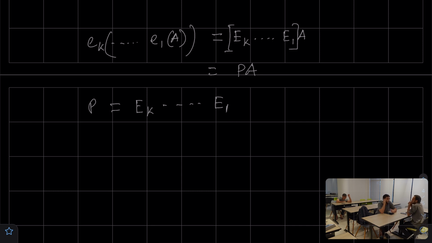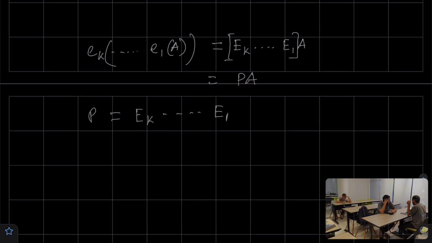Syed is asking why P is invertible. If I understand correctly, the definition of an invertible matrix is that multiplying it with its inverse produces the identity. But what other property do we need to show that P is invertible? Is it sufficient to state that all the elementary matrices are invertible?